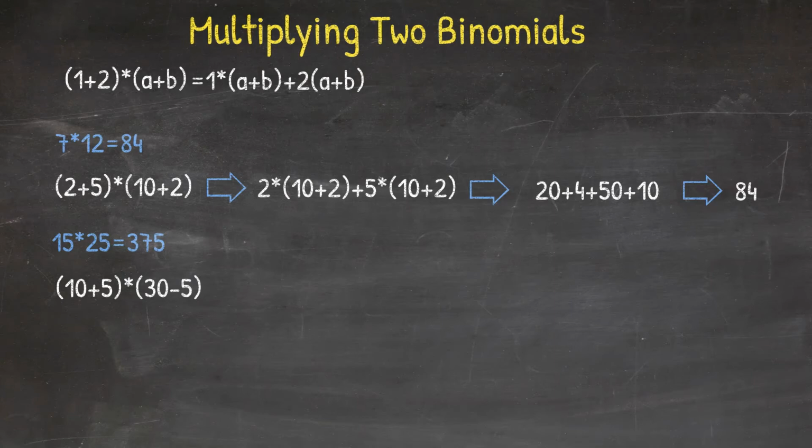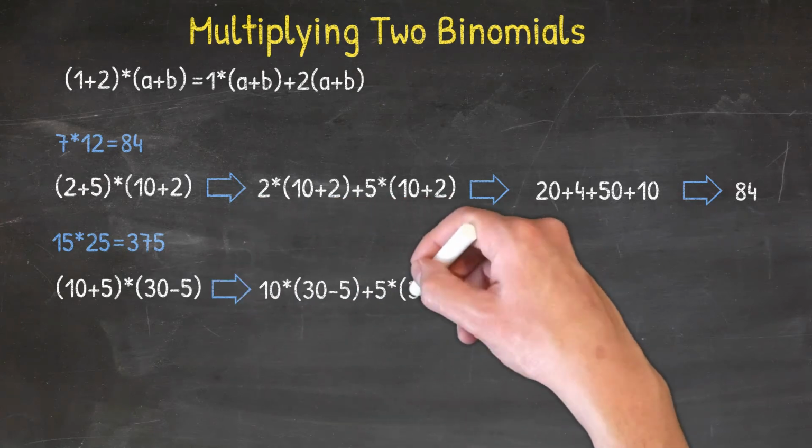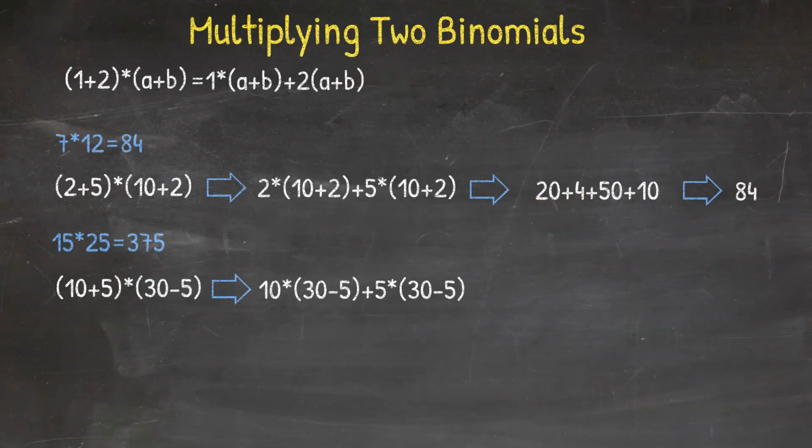As we proceed, 10 is multiplied by the second binomial, 30 minus 5, and the second part of the first binomial, 5, is multiplied by 30 minus 5.